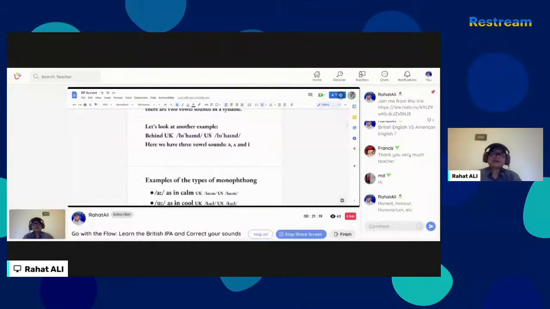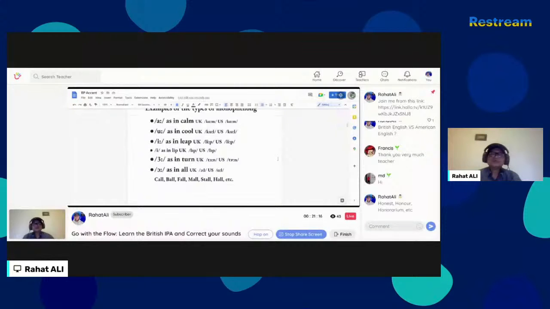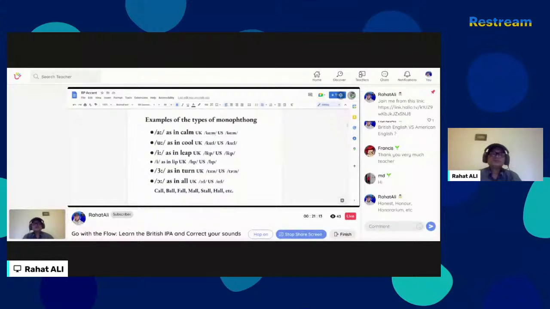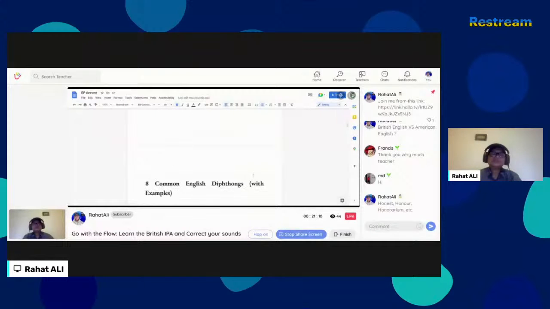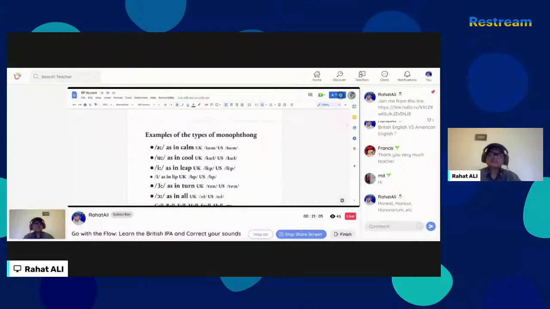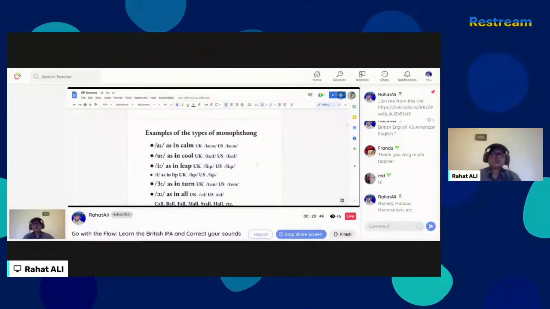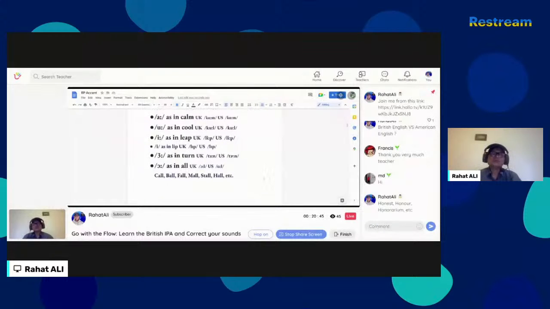So there are 1, 2, 3, 4, 5, 6. There are examples of monophthongs like a in calm, oo as in cool, I as in lip, long I, remember, lip, short I, as in turn, o as in all, like call, ball, fall, mole, stall, hall.